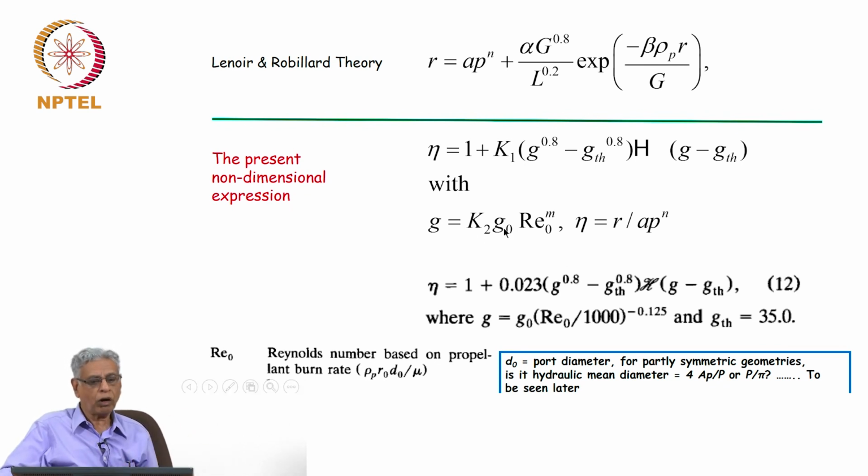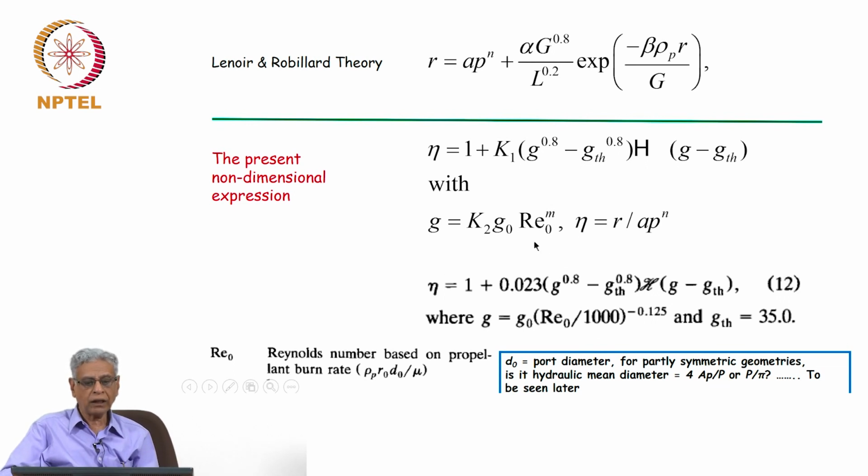Assume that we have somehow got this quantity called G, which is the ratio of the mass flux of the hot gases to the mass flux coming from the surface, which is G naught, and a correction due to Reynolds number, and you put that together. The Reynolds number is put together in terms of rho p r dot naught d by mu, where d naught is the port diameter, and there are other questions here which we will come back to later.